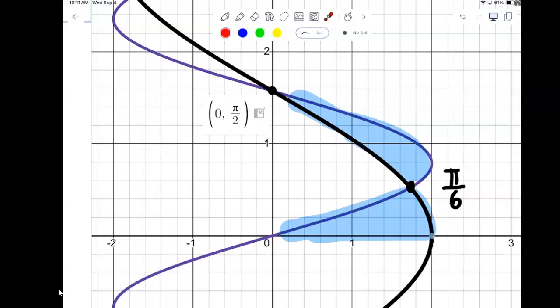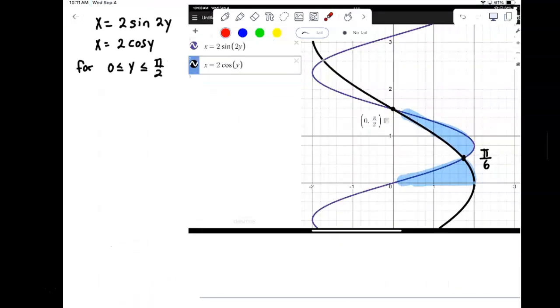The sine function is the bigger function between pi over 6 and pi over 2, and the cosine function is the bigger one between 0 and pi over 6.